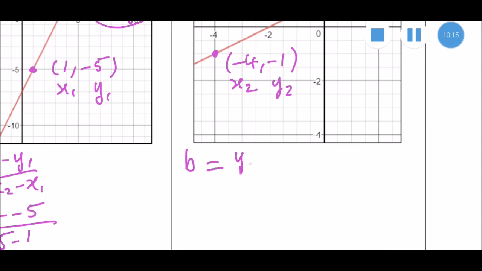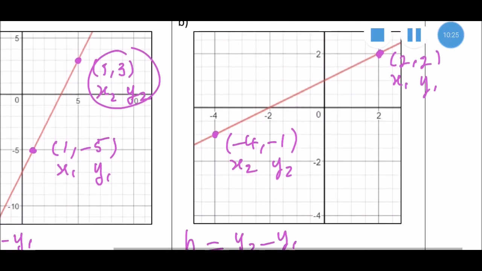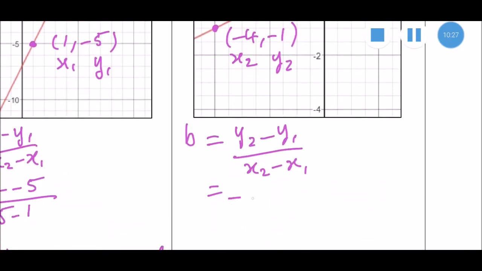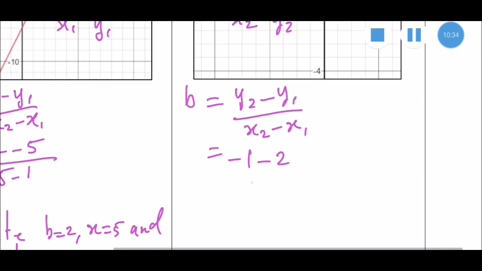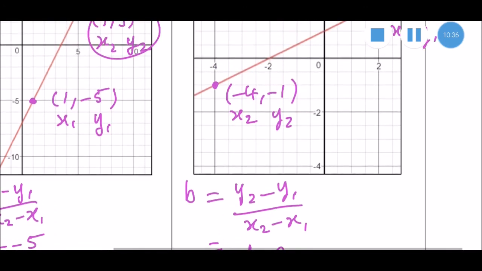B equals y2 minus y1 over x2 minus x1, which equals, well, y2 is -1 minus whatever y1 is, which is 2, over x2 minus x1.